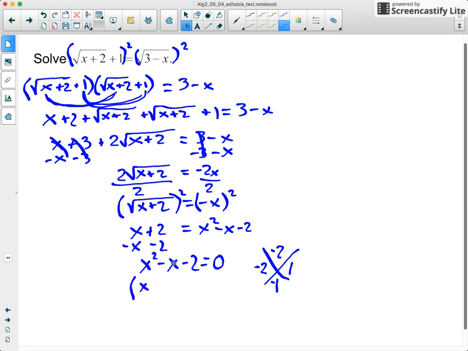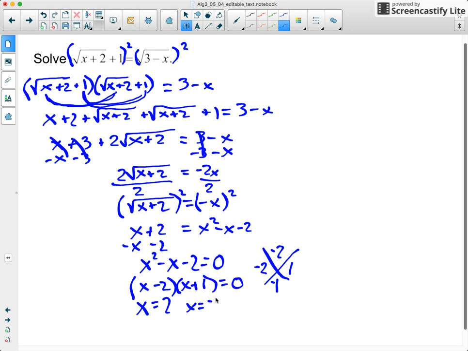So x squared minus x minus 2 factors into the quantity x minus 2 and the quantity x plus 1 equals 0. If we set each binomial equal to 0 and solve for x, we'll get solutions of x equals 2 and x equals -1.